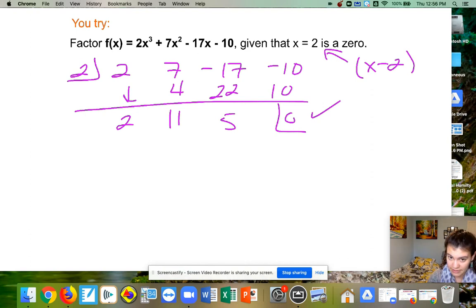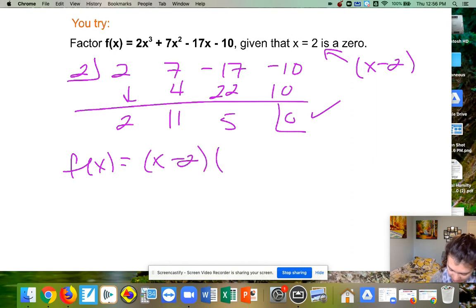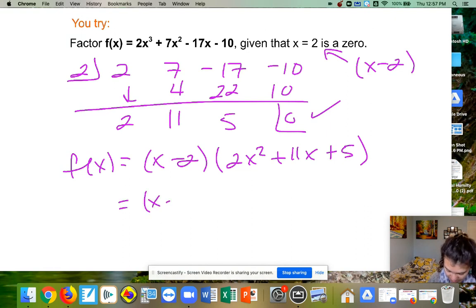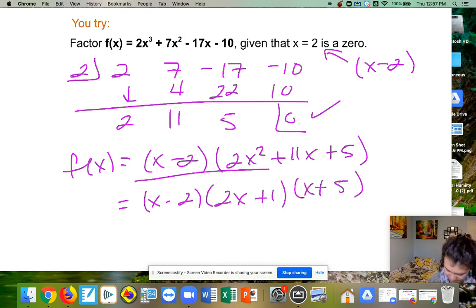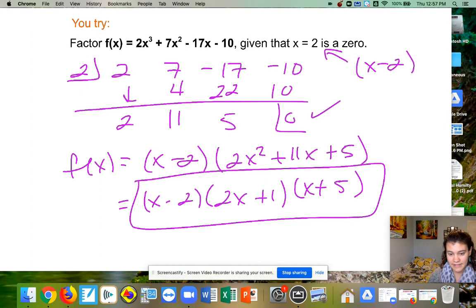It works out, we get 0. We write this out, start with the factor you know. We have x minus 2. Write out your new answer like this. And now we can factor this 2x squared plus 11x plus 5. We'll get x minus 2, 2x plus 1, and x plus 5. And that one's done.